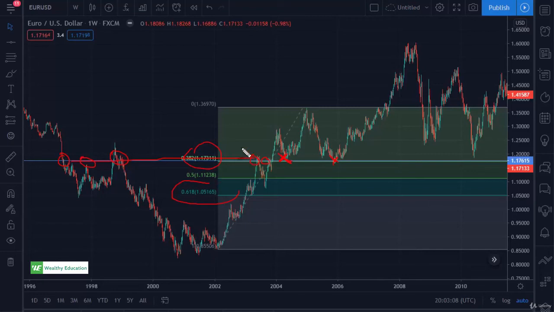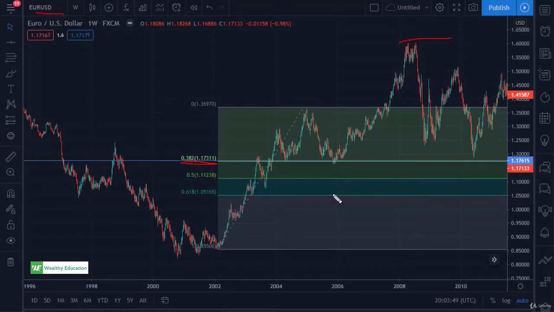There are a couple caveats on each ratio that you should be aware of. Typically, not always, this is just basic normal behavior. When a market pulls back to 38.2 and that's as far as it goes, it typically means there's plenty of momentum to the upside. And you can see we went all the way to 160. This is euro-dollar weekly chart.